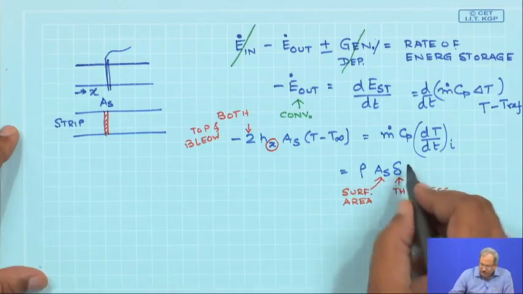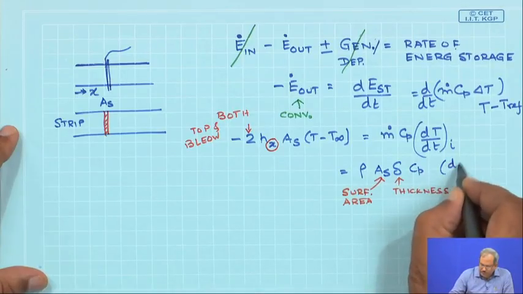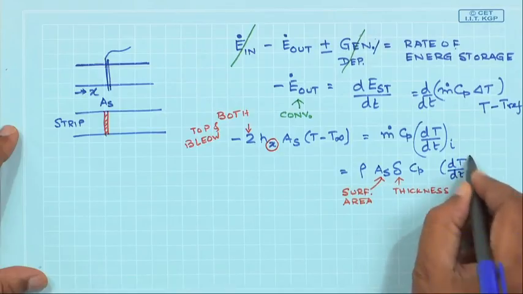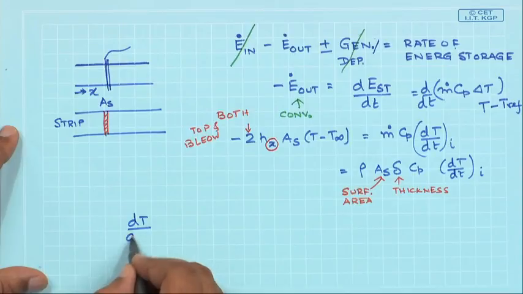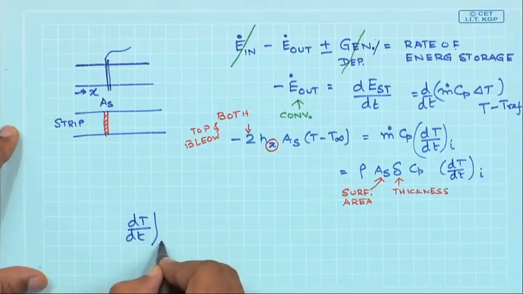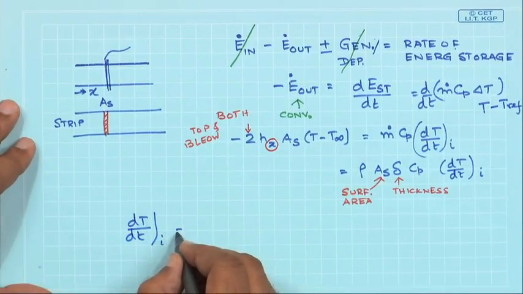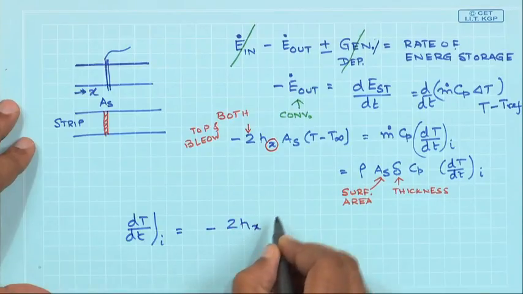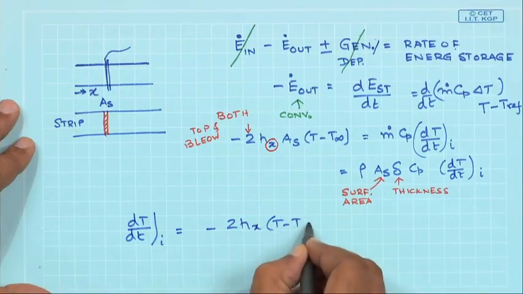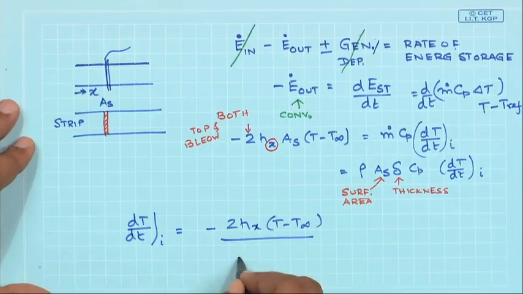So, my governing equation would simply be: the time rate of change of the strip temperature is minus 2 h suffix x (T minus T infinity) by rho delta Cp.